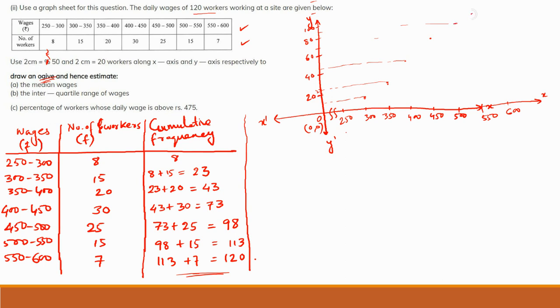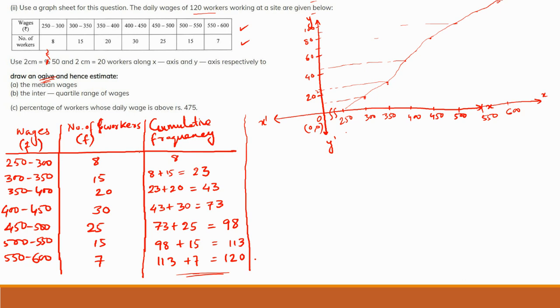This is 113, and 550 to 600 is 120. So this point is 120. Okay. So now you have to draw an ogive curve like this. Just draw a freehand, join all the points. Don't override. If you override, erase that portion and just draw a single line.